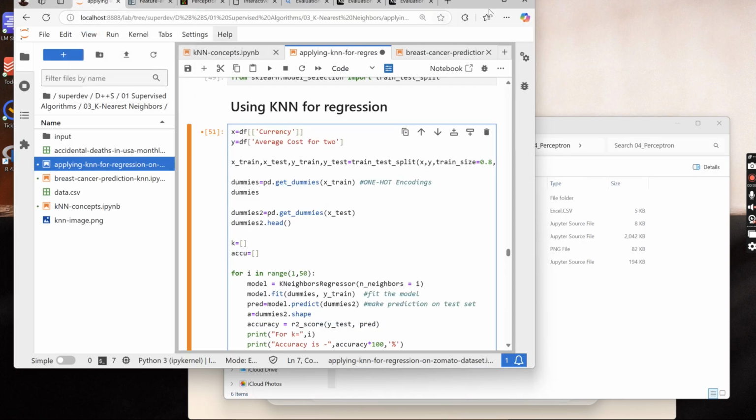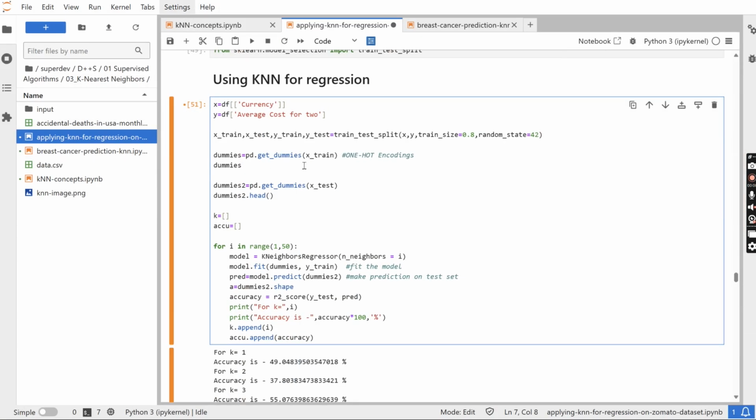Once I have the notebooks ready, I will talk about all these feature engineering steps that we have to do. Anyway, up until that point, get dummies means one hot encoding. So we are doing the one hot encoding, nothing but splitting the features into numerical numbers.